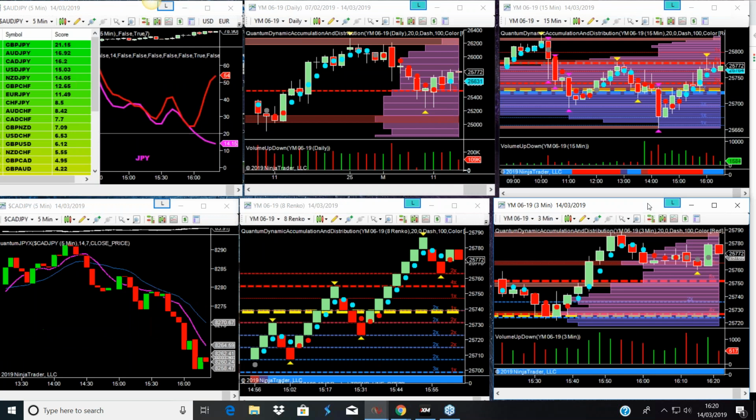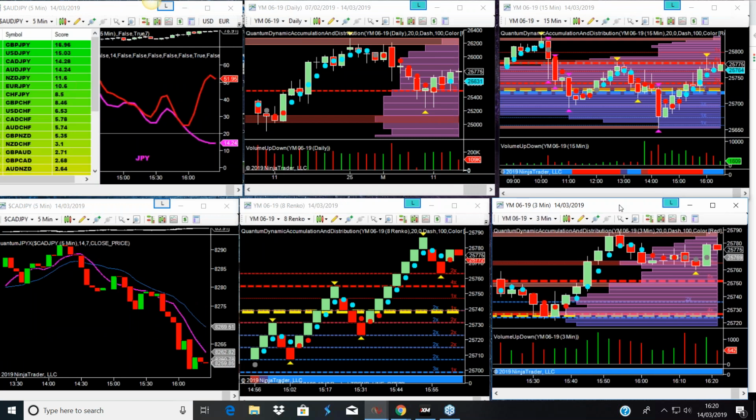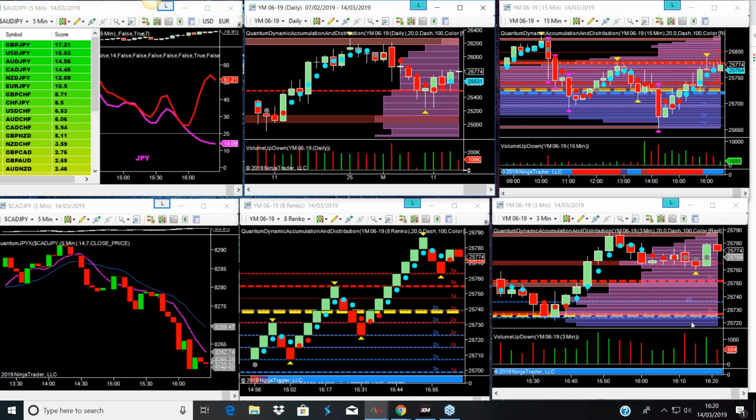But if you use multiple time frames and you understand, we could have volatility suddenly rush in while we're speaking. If you understand the candle patterns that are forming, and you've got the daily here, you can see we're in this tiny slither at the moment.